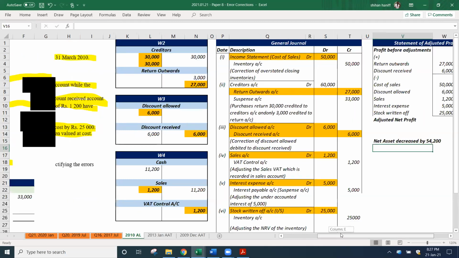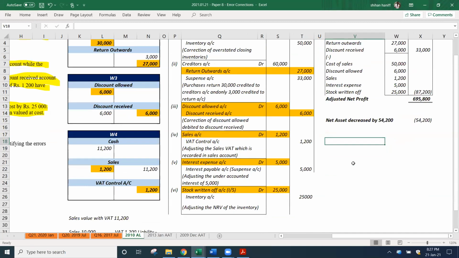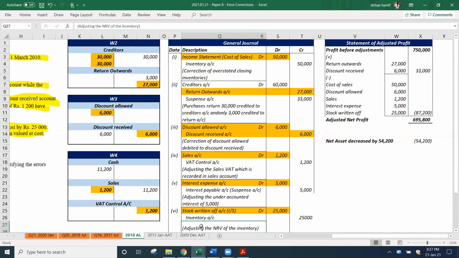So that's how we do the corrections. Any further doubts? You can copy this. Right. So there are many other areas as well. So I will discuss as many questions related to this as possible. Okay.